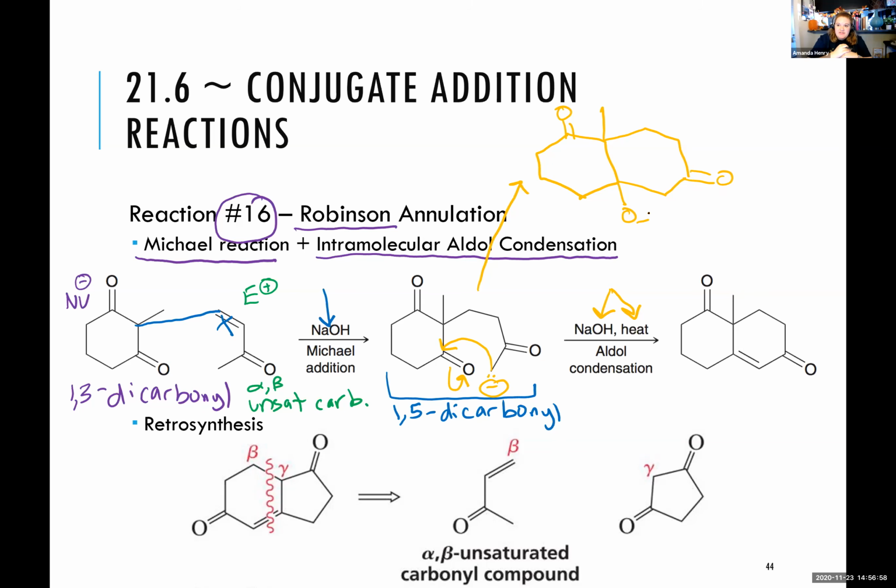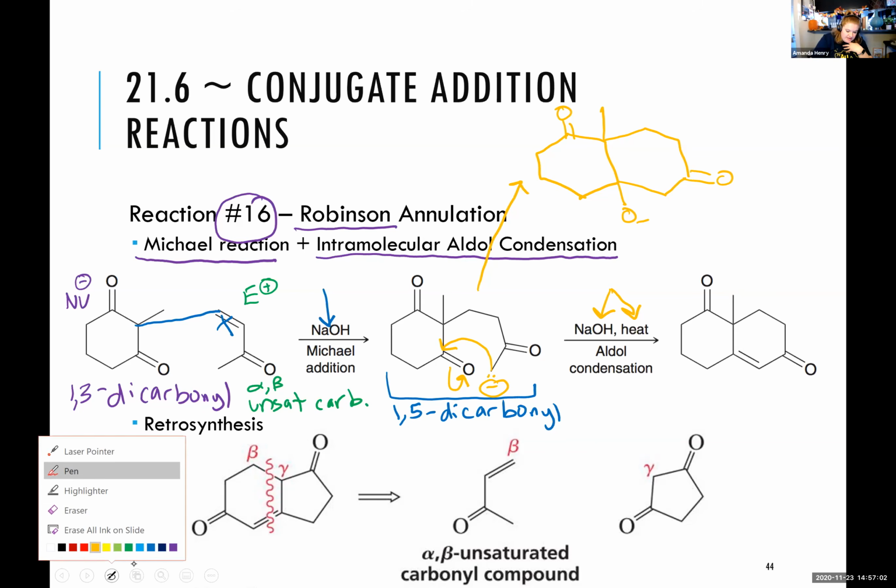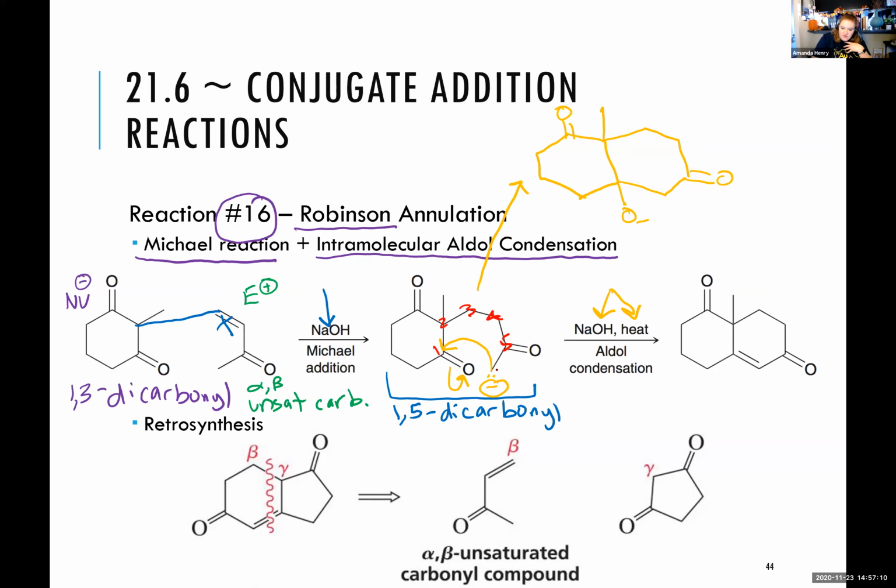And this one is very specific. The reason why this works is, remember what we're forming is a 1,5-dicarbonyl, which means that the alpha carbon is carbon number 6. So when we do that nucleophilic attack, we're going to form a 6-membered ring. 6-membered rings have really good bond angles.